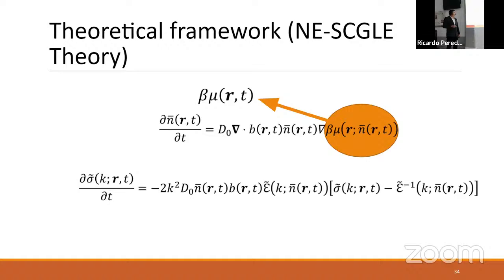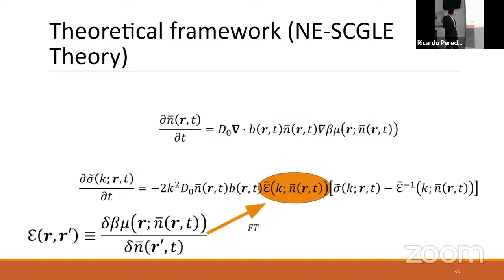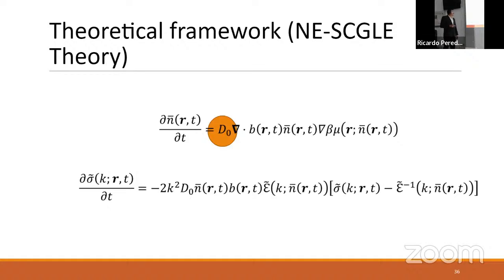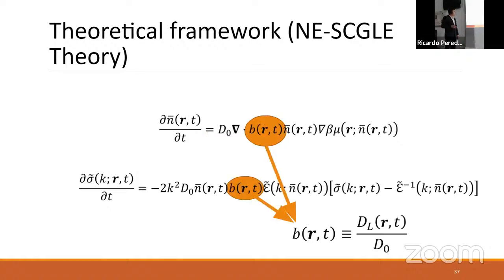And in these equations, there appear terms such as the chemical potential, in units of kBT, the stability thermodynamic matrix, which can be obtained just as a simple functional derivative of the chemical potential, the free particle diffusion coefficient, and a dimensionless diffusion coefficient, which we call mobility, which couples both equations, and it is dependent on the distance and time.